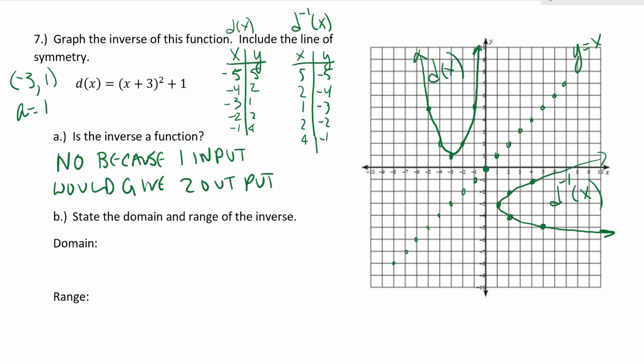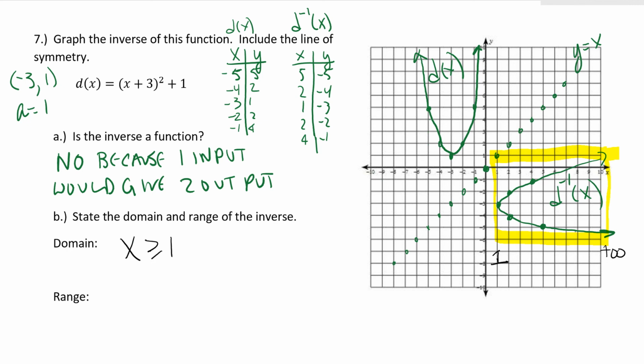So for the inverse domain, think of a box around here. We know our lowest value is 1 here, and we know we're going to positive infinity here. So the domain is going to be x is greater than or equal to 1.